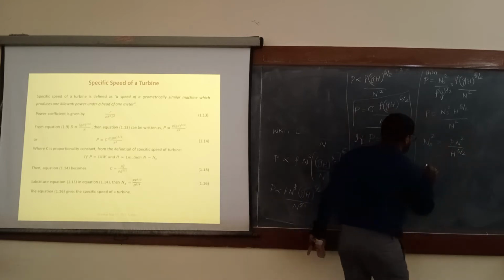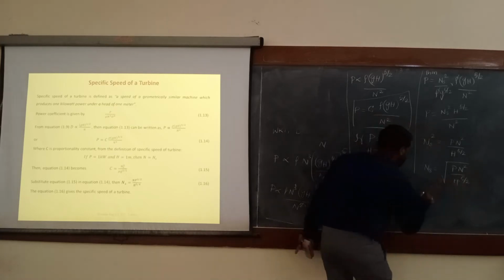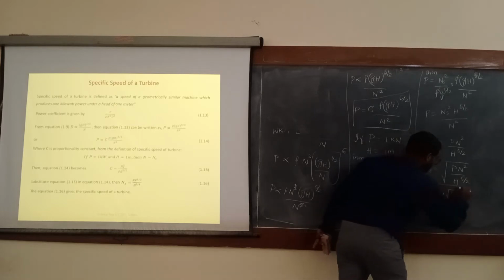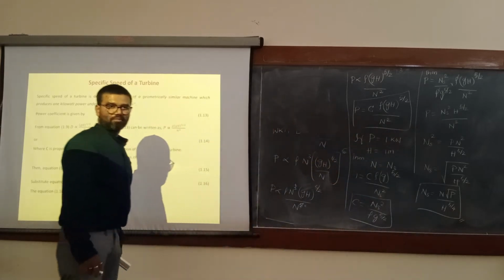So ns is equal to n root of P divided by H to the power of 5 by 4. This is the specific speed of a turbine.